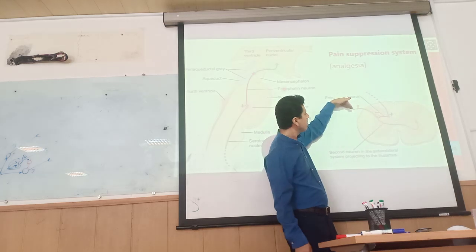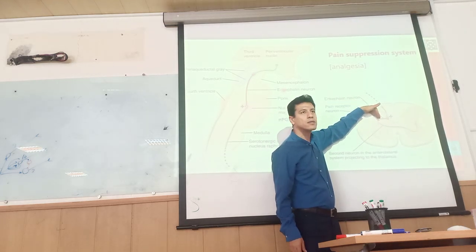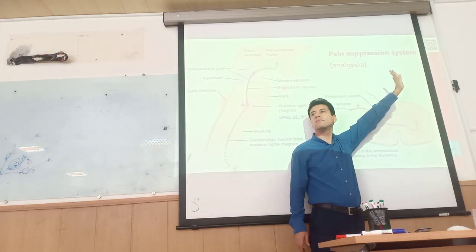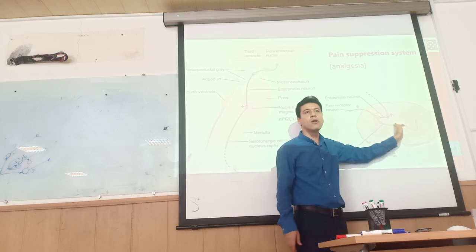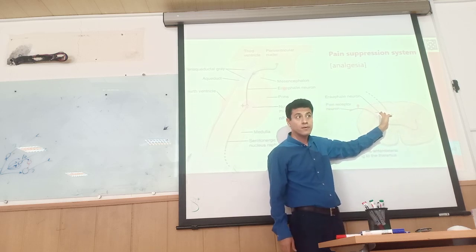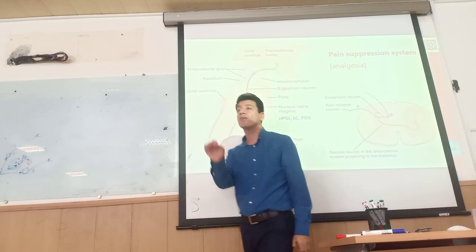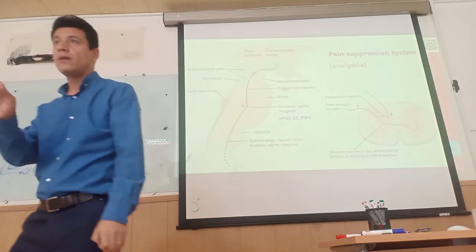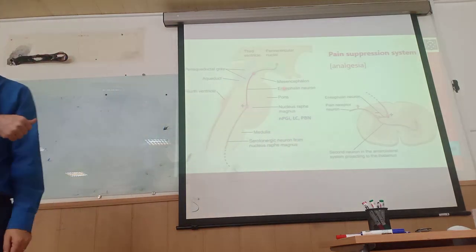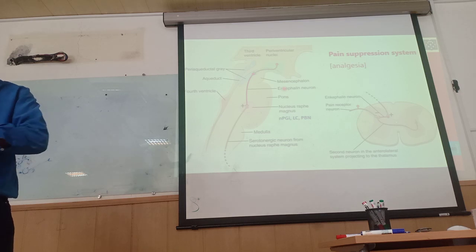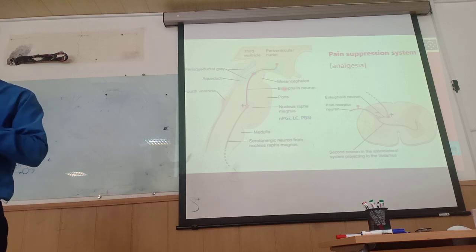What happens? Pain signals come to the spinal cord but don't go upward because the synapse is blocked. Right? So we call this gate theory of pain. So we have a gate for pain in the spinal cord. The gate can be opened or closed. The brain can close the gate.